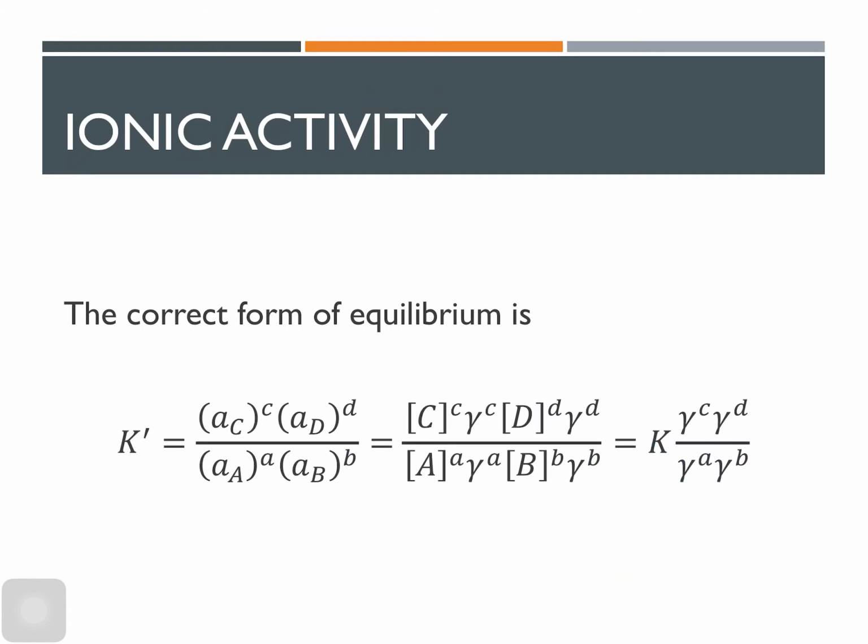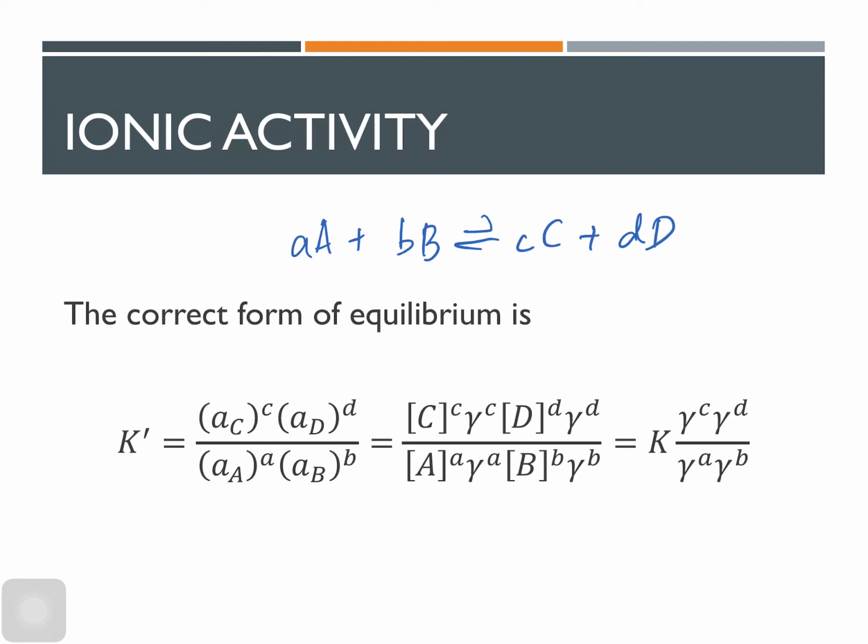That means the correct form, let's say we have substance A plus B in equilibrium with C and D, the correct way of writing the equilibrium expression should not be in terms of the concentration but rather of the activities.